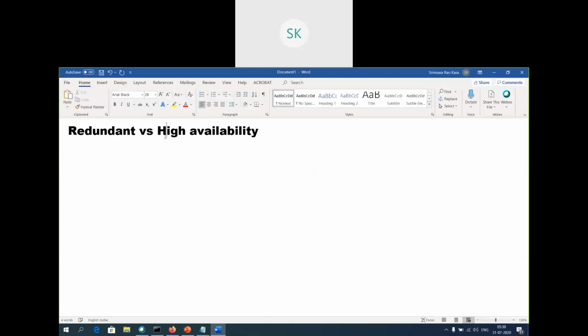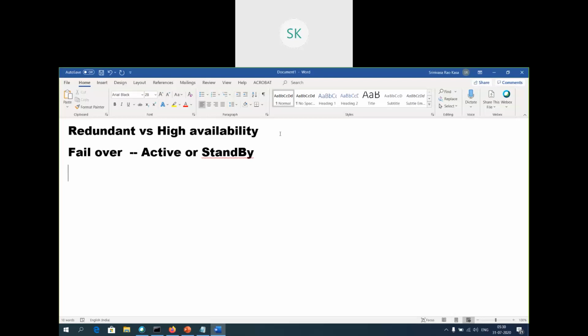What is redundant? What is high availability? What is failover? Failover, the concept comes in active or standby.